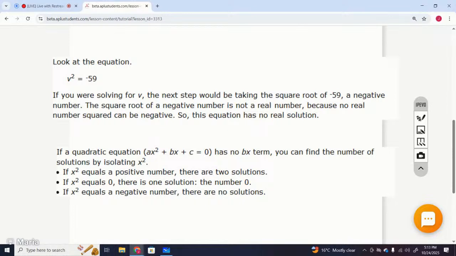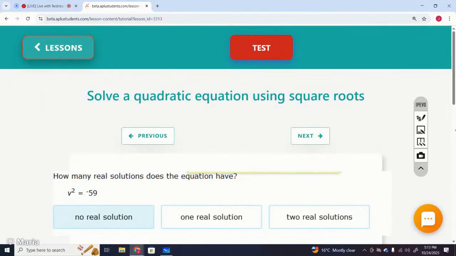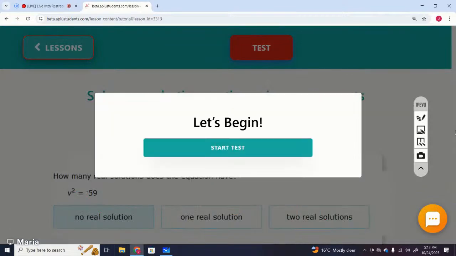And if x squared is a negative number, there are no solutions. Okay, let's just start with the test questions.